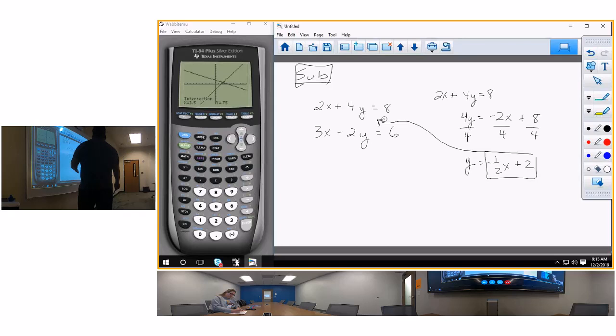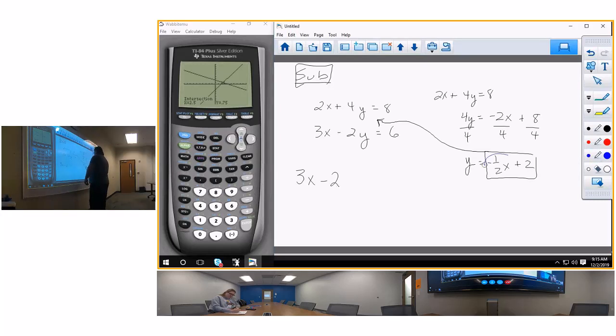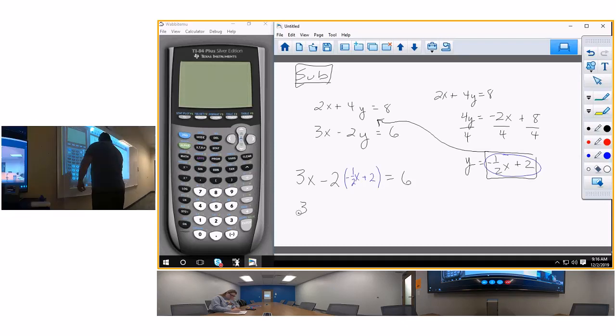Now I usually use the other one. So 3x minus 2, and I'm going to put this in blue because we're going to substitute this right here, negative 1/2 x plus 2, is equal to 6. Now solve it. 3x.